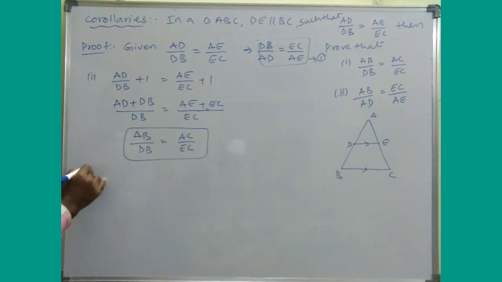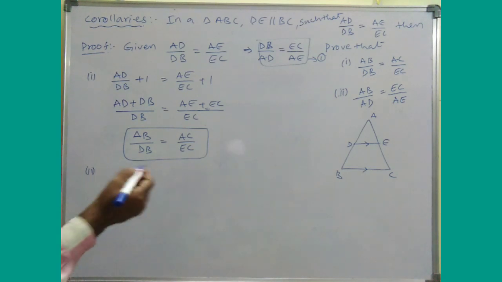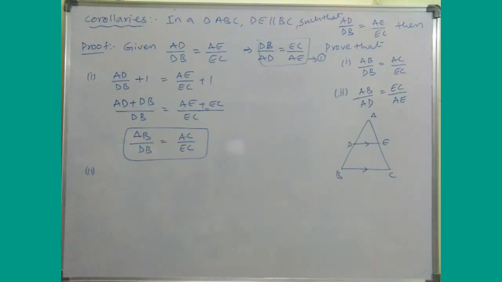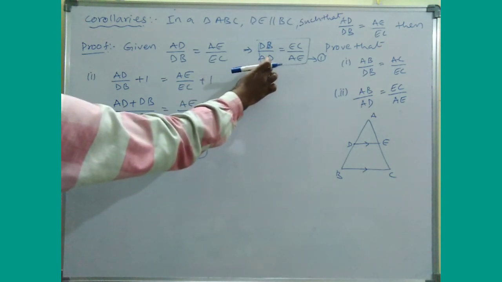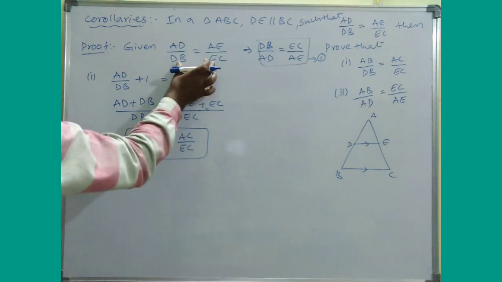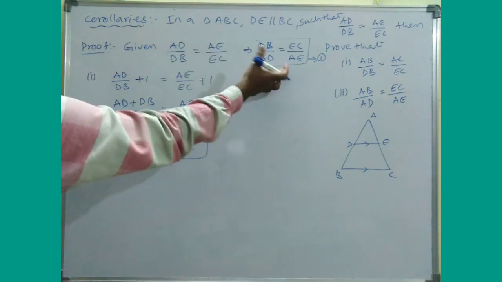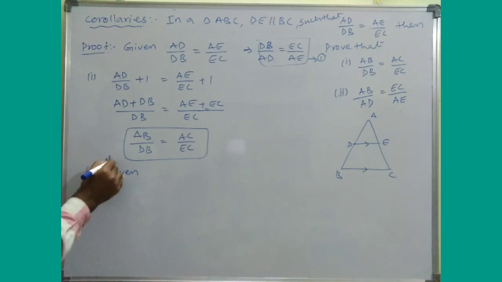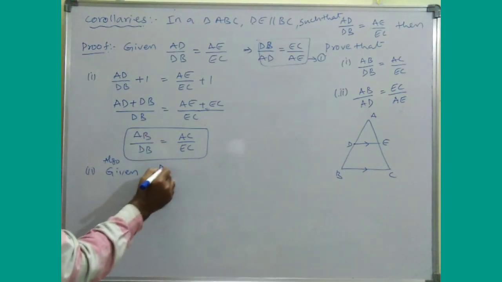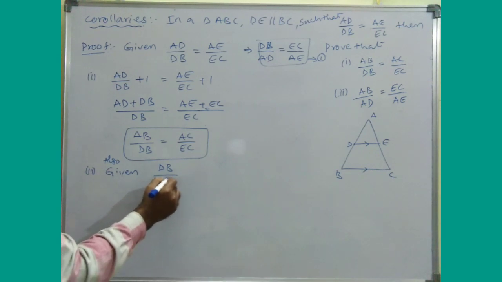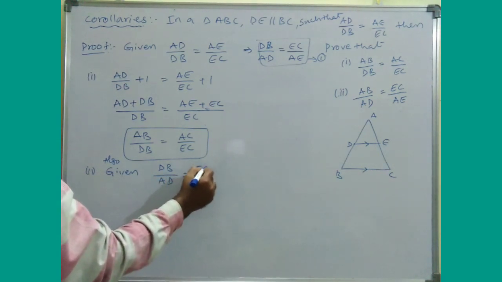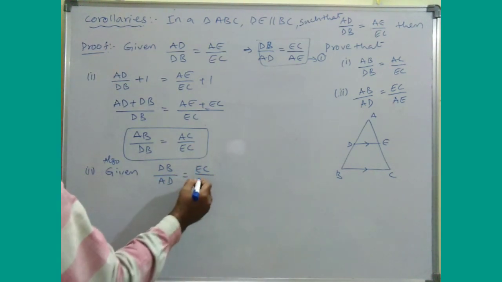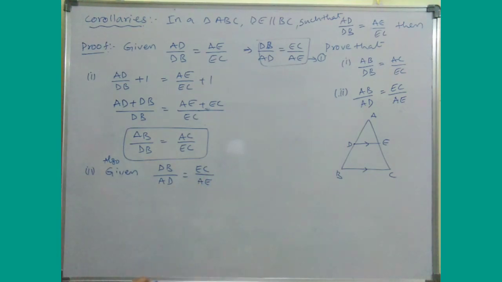Okay. Now look at the second condition. From this I want to prove. The first one we proved from this. From its reciprocal, what is that? Also given, DB by AD is equal to EC by AE.